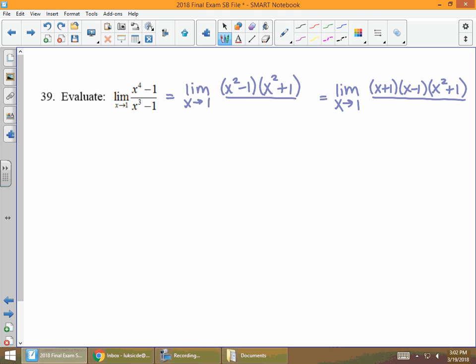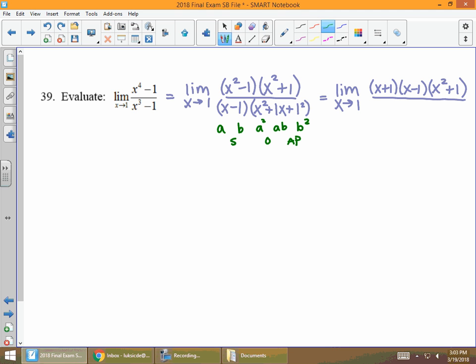My denominator is the difference of cubes. So cube root of x cubed is x, cube root of 1, a squared, ab, b squared, and then the part you guys like, same sign, opposite sign, always positive. So that pattern, a, b, a squared, a, b squared, same, opposite, always positive.